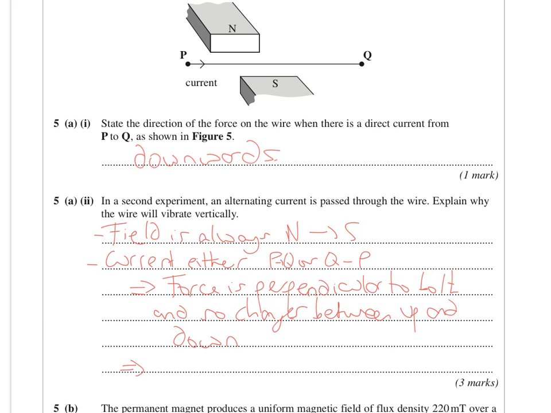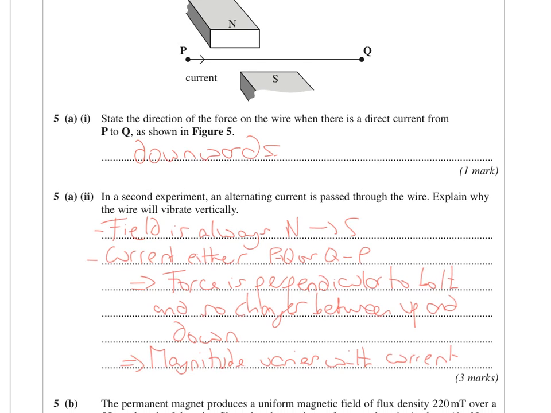And the magnitude of the force varies with the current. So the higher the current is, the bigger the force is going to be acting on it, but then it's changing direction as well.